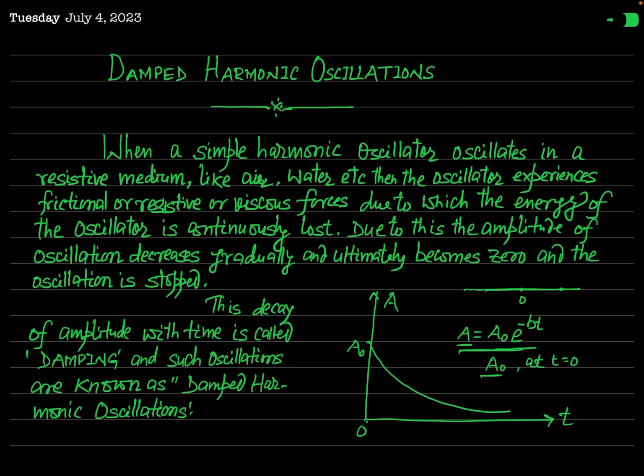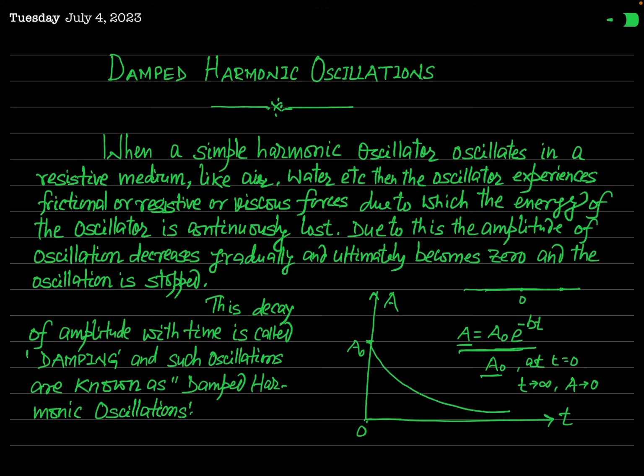I have shown this variation of amplitude in this figure. Here at t equal to 0, you can see the amplitude A naught, and as the time increases, the amplitude decreases exponentially. And according to this relation, when t tends to infinity, the amplitude will become 0.